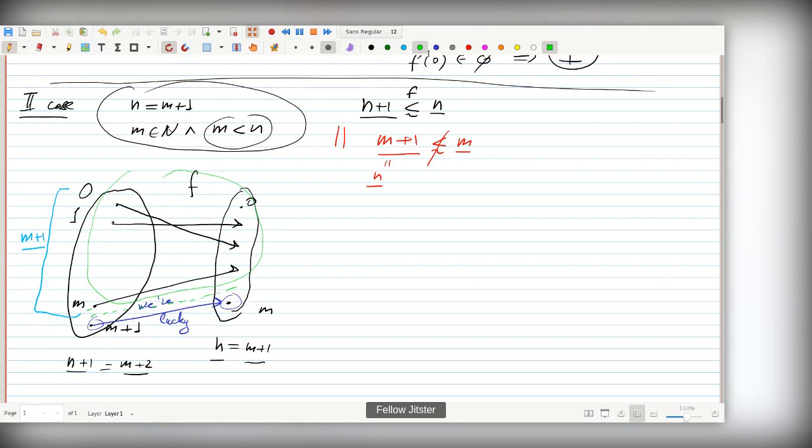They are mapped here. And here we have the set m underlined, all elements which are less than m. And we have found an injection. So here we were lucky. The image of m plus 1 was just m.